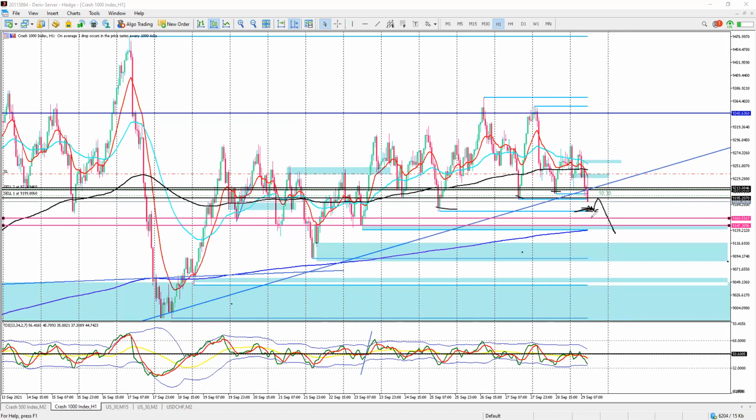So minor zones are easily broken, but major zones usually repel the price. So we'll be looking for this push down to actually get to somewhere here before we see a considerable pullback. And there's also a possibility it might get into this zone as well.